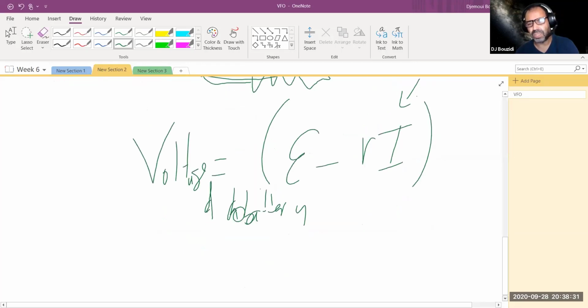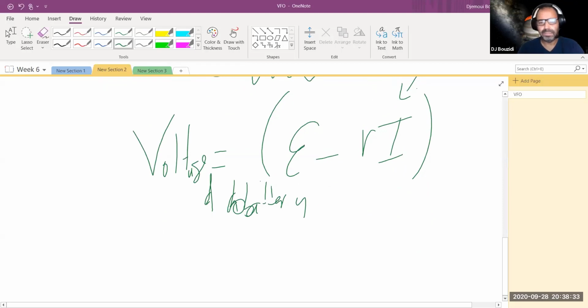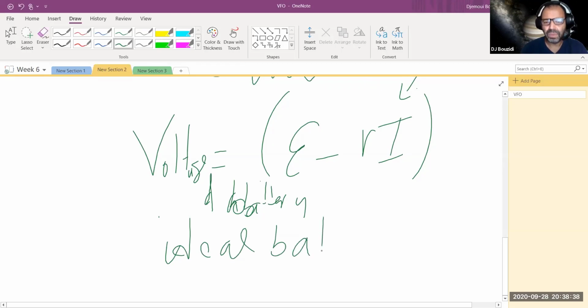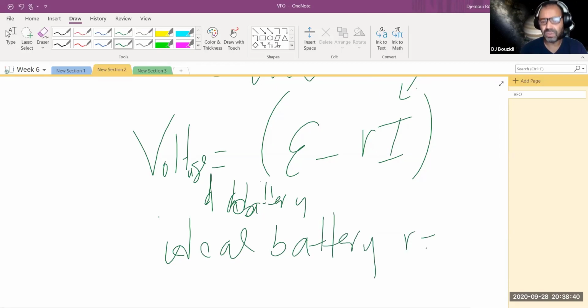Most of the problems that we deal with in class are going to be with so-called ideal batteries, where R is equal to 0. If there is a problem, and I think there is one in the homework, where R is not equal to 0, then you're going to deal with that.